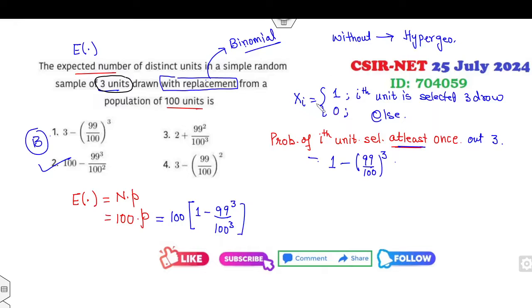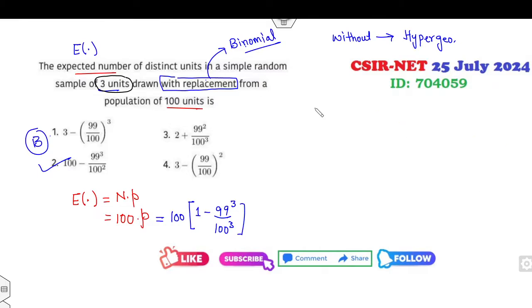Fine. This is the first method. Second method, if you are using the shortcut trick, because it is related to the binomial distribution. Because the items are repeated, the expected value will be n into p, where the probability is 1 minus (1 over N) raised to the power small n.